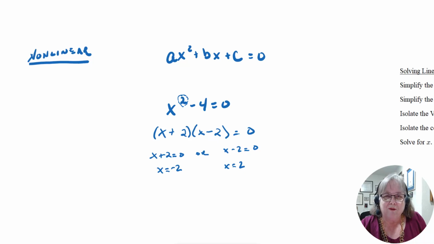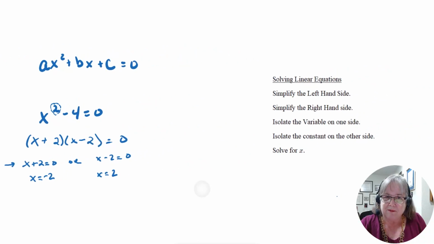Now, when you factor this, did you notice how the two factors just had an understood power of 1? And so these two factors became two linear equations.